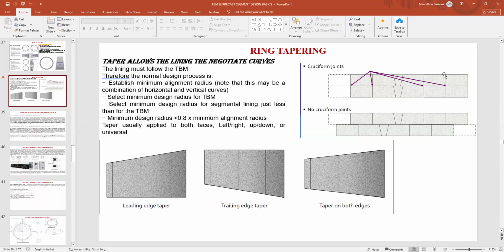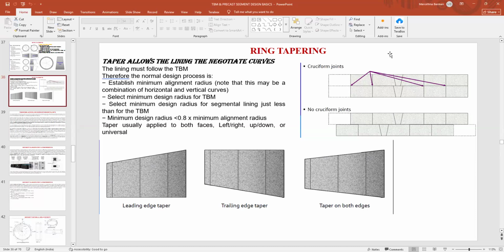So if I find that cruciform joints have formed for a number of segments, we need to check whether the gasket has been dislodged, or whether sometimes there is a discharge of grout or water coming out of the joints. Then you have to make a separate methodology for repairing the segments by grouting through these joints. So the contractor develops a methodology separately and submits it to the designer to make it waterproof.